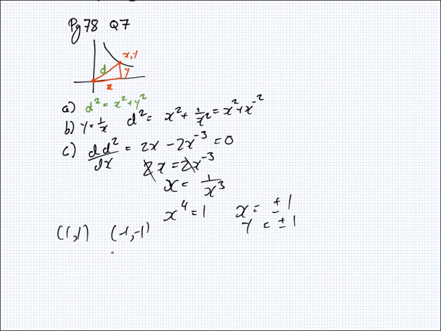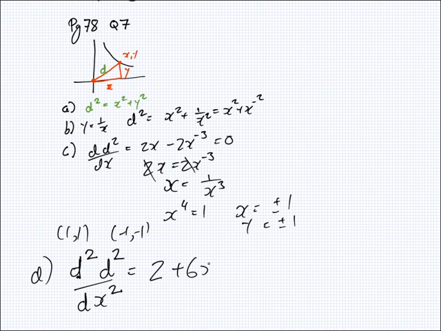Let me try that again. d squared over dx squared is equal to 2 plus 6x to the minus 4. And in both cases, when you put in 1 or minus 1, you'll always get a positive, which is a minimum. Both these answers are minimums.